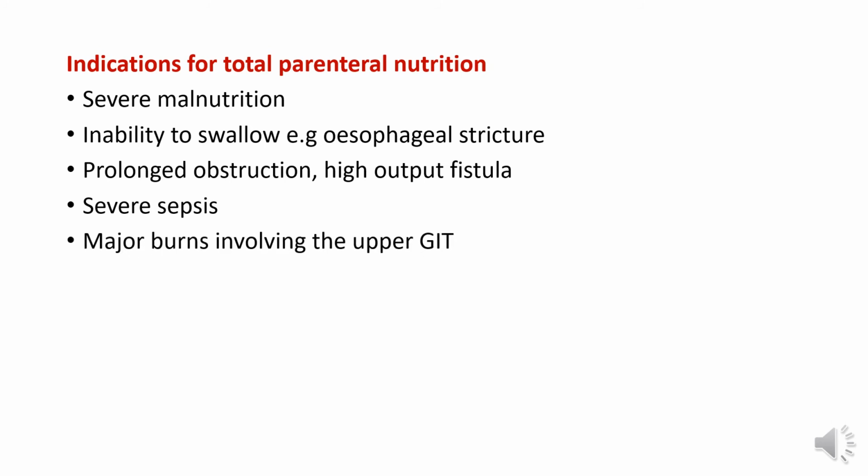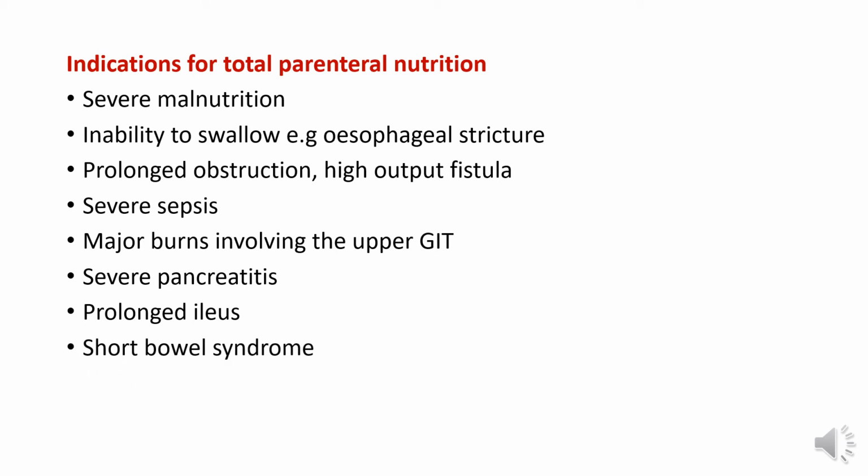While you want the upper GI tract to heal following burns, you are giving the patient adequate nutrition through total parenteral means. Severe pancreatitis, prolonged ileus, short bowel syndrome. Now these are indications of total parenteral nutrition. As I said before, you are rapidly correcting nutritional deficiencies for a short period of time. You don't use total parenteral nutrition to feed a patient for a long time because of the complications that go with total parenteral nutrition.